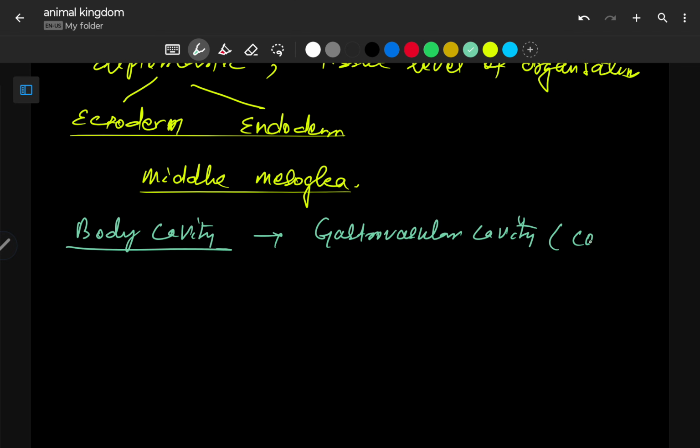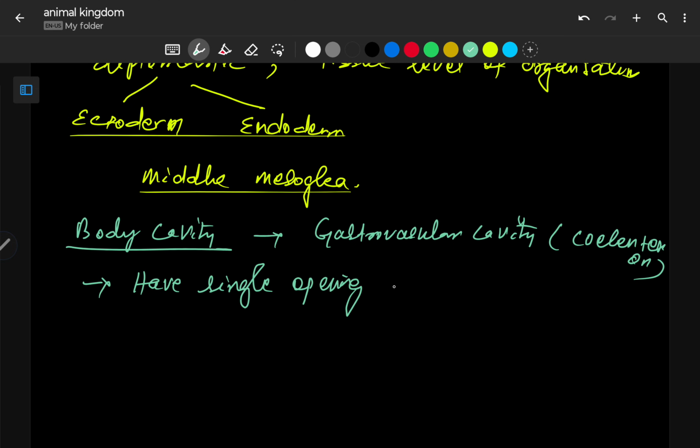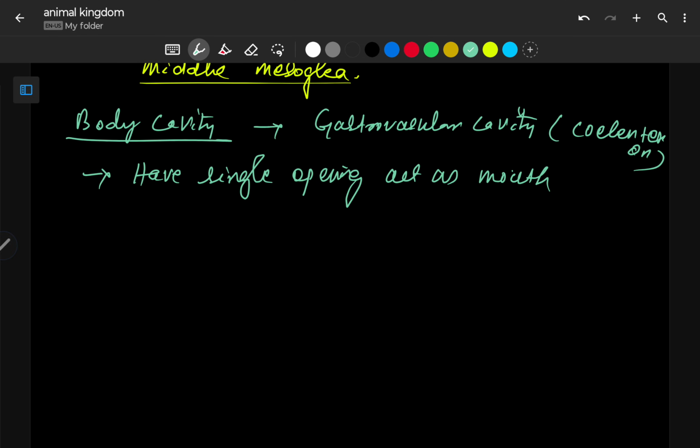Its other name is coelenteron. ओके अच्छा, मैं आपको हाइड्रा का डायग्राम बना के आपको दिखाऊंगी. और they have a single mouth, have single opening, act as mouth. ओके, तो if you look into the structure of Hydra, अगर हाइड्रा का स्ट्रक्चर आप देखोगे तो the structure is like this.